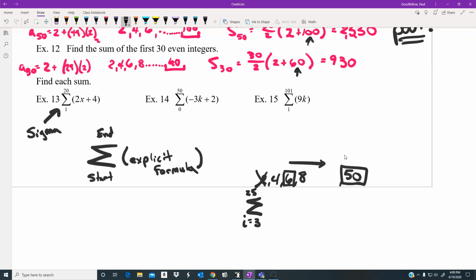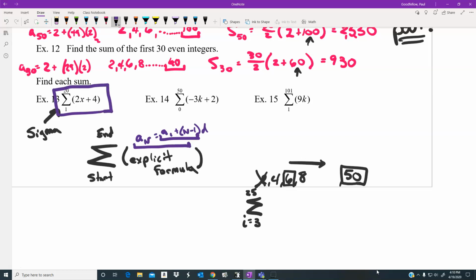So for instance, if I was talking about an arithmetic one, I could insert a sub n, whatever the a sub n formula was, which is a sub 1 plus n minus 1 times d, in that location, and get the explicit formula to give me the sum.